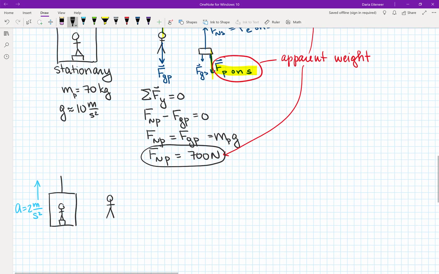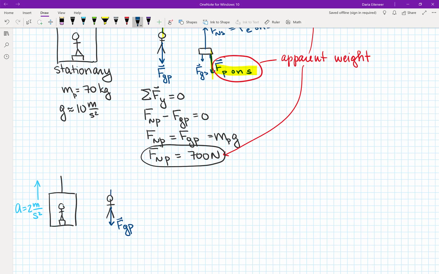So, remember, there is force of gravity acting on the person. I'm going to be very careful and draw it exactly the same length as I had before. So nothing has changed. The elevator is still near the surface of the earth. The person's mass did not change. So the gravitational attraction to earth is exactly the same as it used to be.